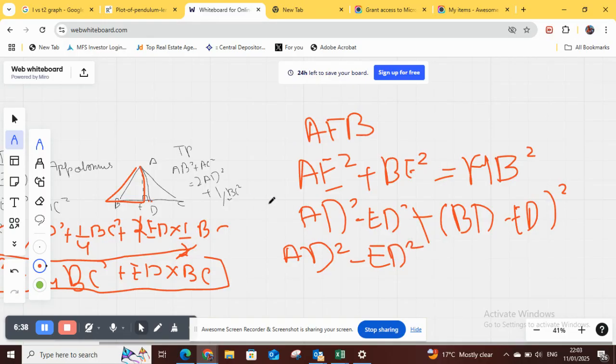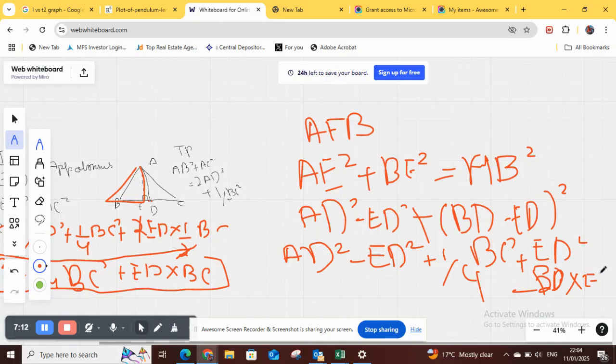That BD is equal to half of BC because AD is the median, so half of BC square will be 1/4 BC square. We all know. So I'm just doing it directly. 1/4 BC square, the whole square formula you all know that, plus ED square minus, sorry, BD into ED.